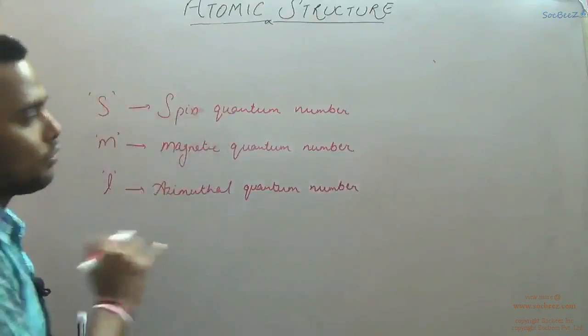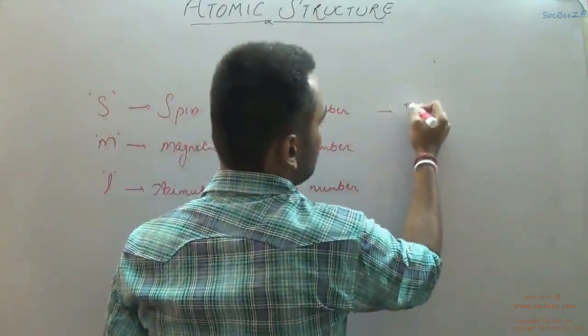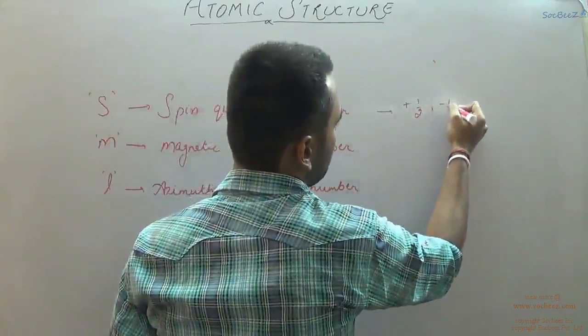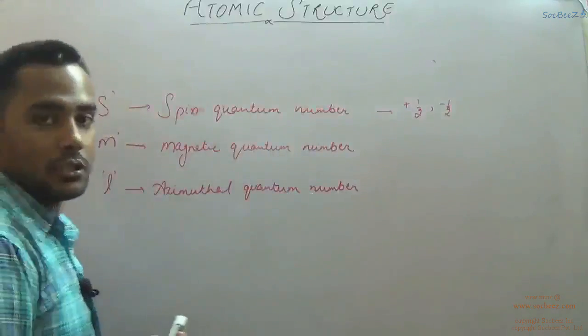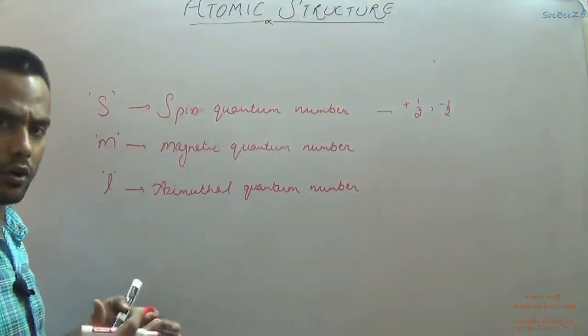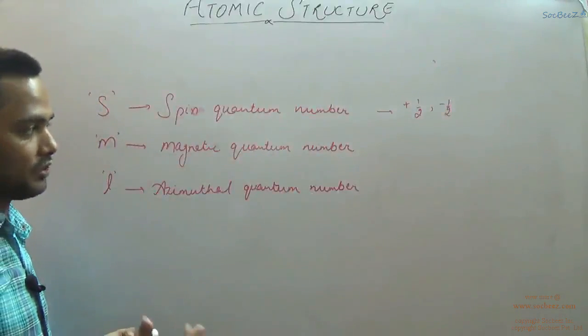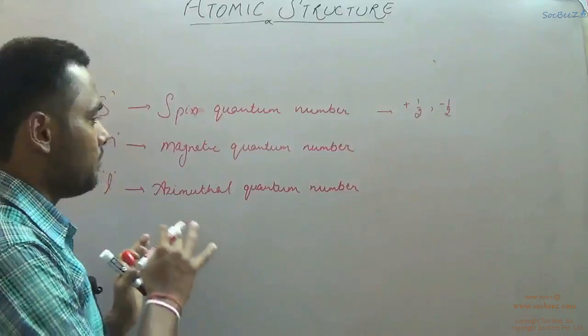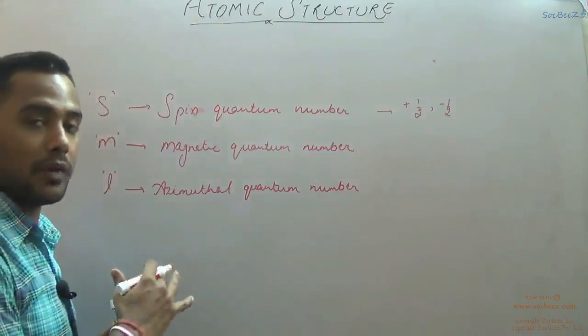So the spin quantum number just gives us the spin of an electron, which is plus half or minus half. The magnetic quantum number gives us the magnetic moment of an electron, or the orientation of the orbital, but mainly the magnetic moment.